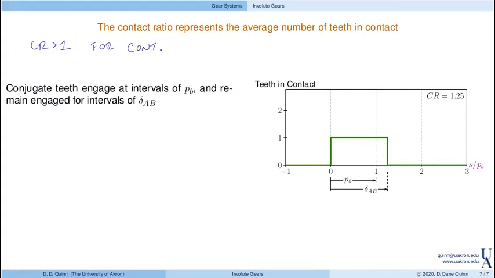If at some point the number of teeth in contact drops to 0, that's bad, because that means the teeth are no longer engaged.